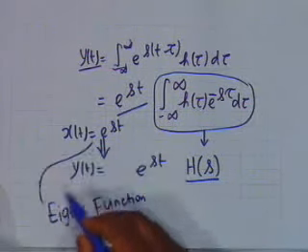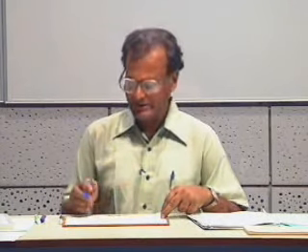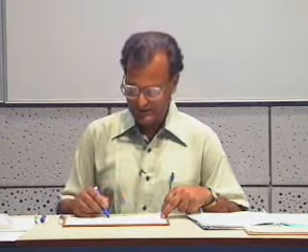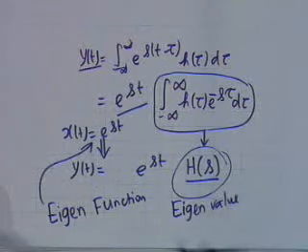E to the st is an eigenfunction, and the response of the system is now characterized. If you feed an eigenfunction to the system, then the response of the system is the same function except for multiplication by a constant, and this constant is known as the eigenvalue for the system.